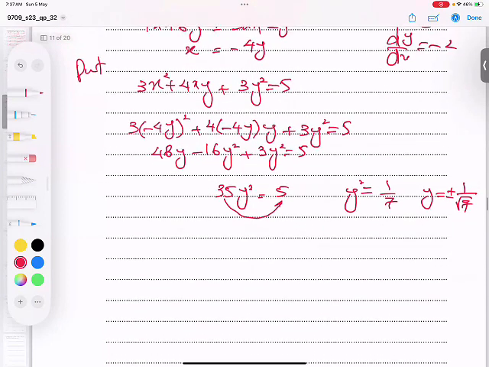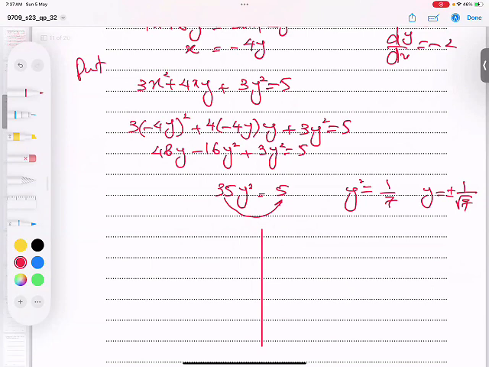So I have two options now, students. One is y equal to 1 over root 7, positive. The other is negative 1 over root 7. Both values I will plug in here and get x. So minus 4 times 1 over root 7. Same there here.